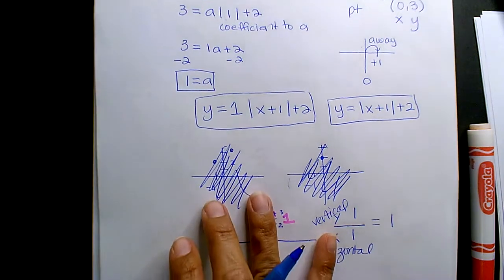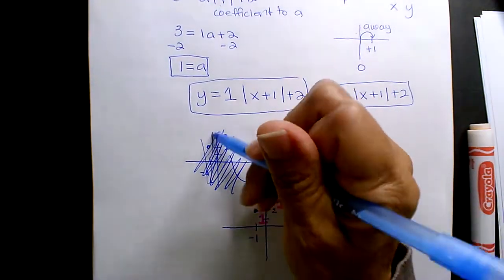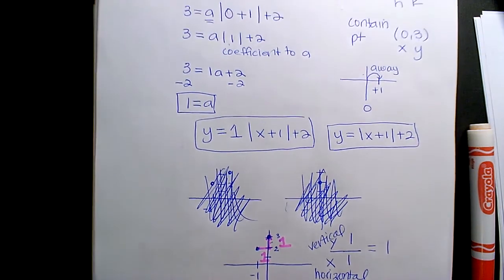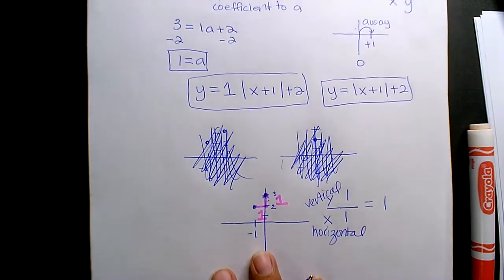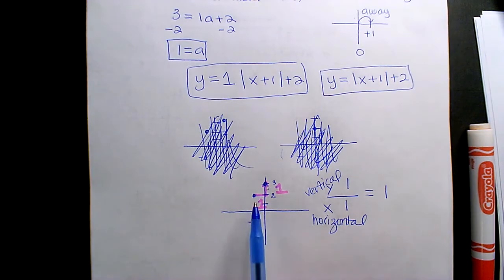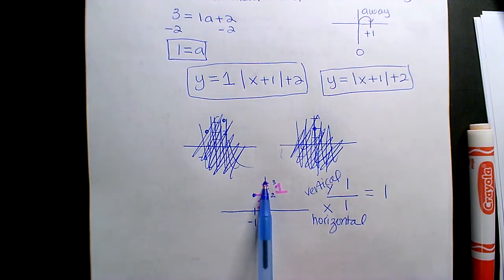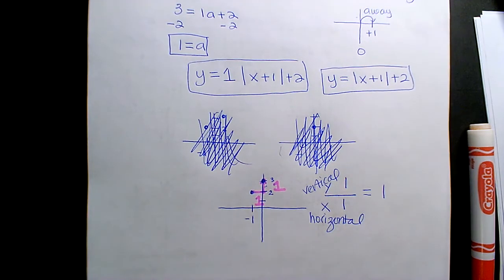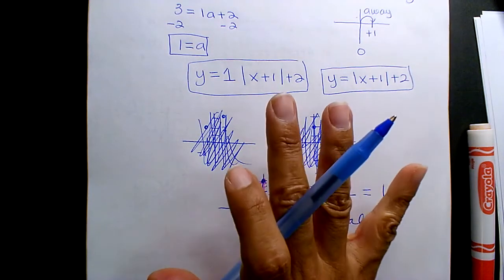So you should still be able to solve it algebraically, but ultimately grab your vertex, grab the other containing point that you grabbed, find the pathway, vertical numerator, horizontal denominator. Yeah? Okay.